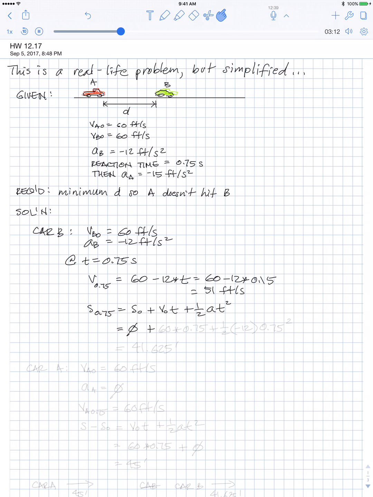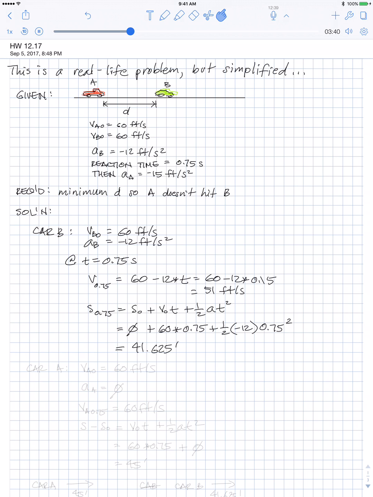It has an initial velocity of 60 feet per second, times 0.75 seconds. And acceleration is minus 12 feet per second squared and 0.75 seconds squared. And that is 41.625 feet.